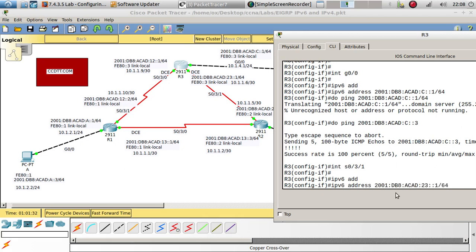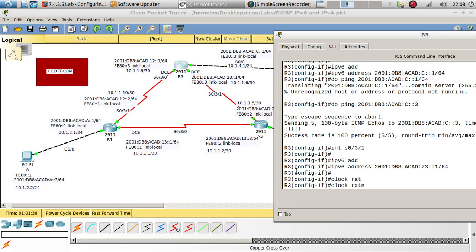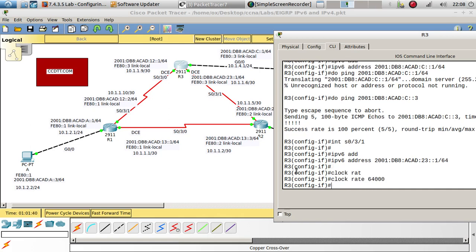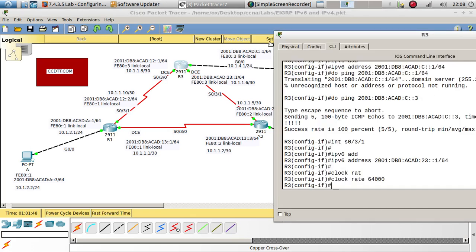Let's paste that here. And after that is done, let's do a clock rate 64000, and now we should be able to ping this IP address to router 2. We should be able to ping router 2 from router 3. Do ping.